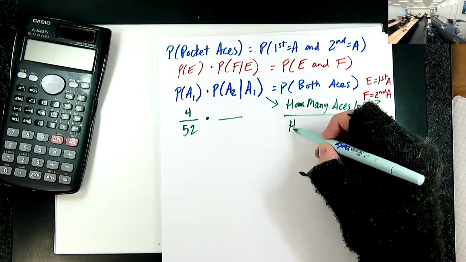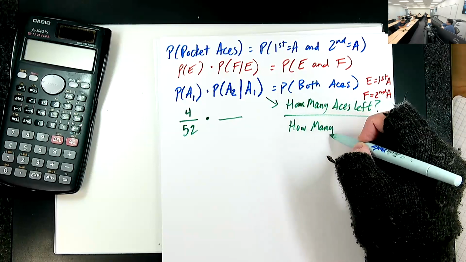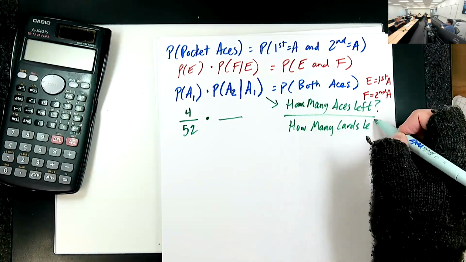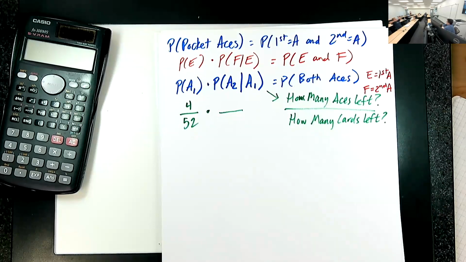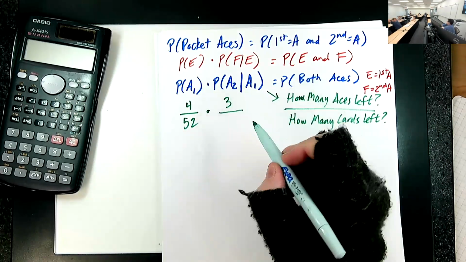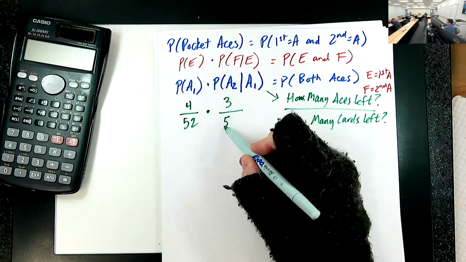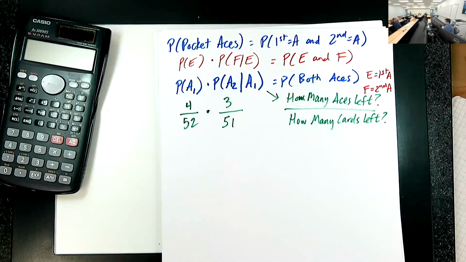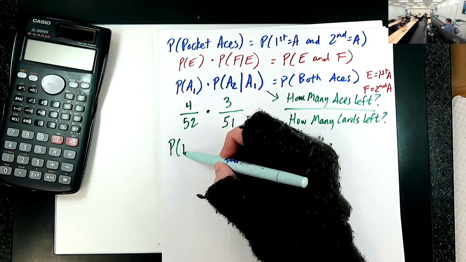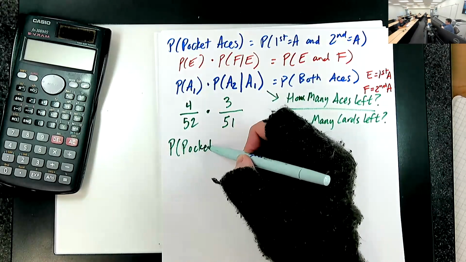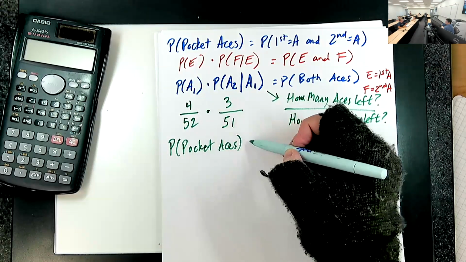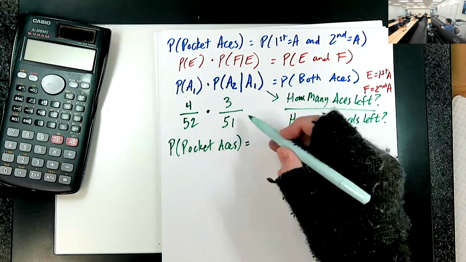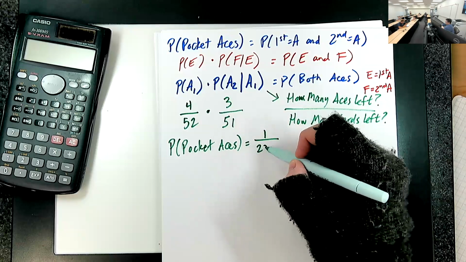And on the bottom is how many cards left? There are 3 aces left, and you've drawn one of the cards, so there's only 51 cards left. So the probability of getting pocket aces, if you simplify this down, is 1 over 221.